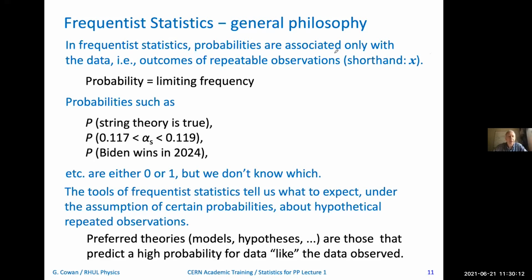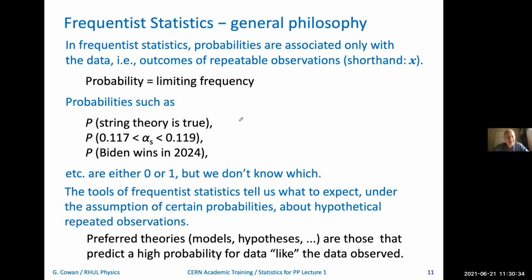And we interpret that probability as the limiting frequency of such outcomes. So in that context, trying to say something like the probability that string theory is true, or the probability that a particular physical constant lies between fixed limits, those probabilities are either 0 or 1, but you don't know which.